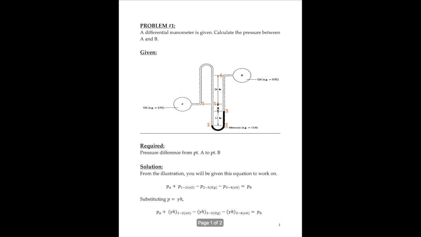Now you may look at the illustration again to see the difference in the elevation. From point 1 to point 2 we used x plus 12, from point 2 to point 3 we used 12, and from point 3 to point 4 it will be x plus 24. So that may not confuse you.